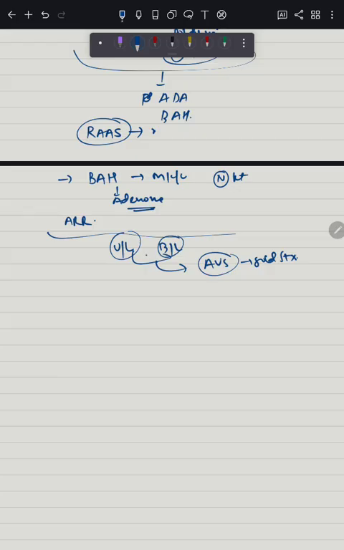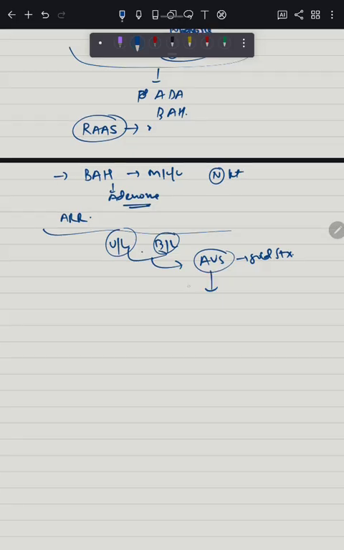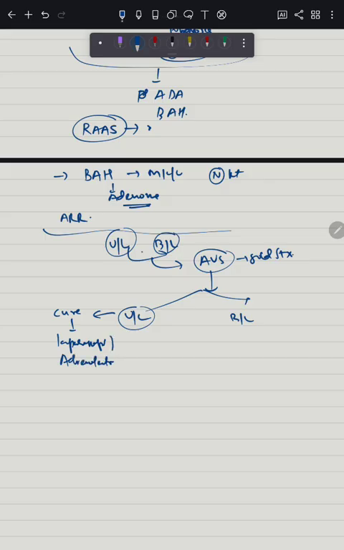The significance is that after adrenal venous sampling, you will confirm whether the disease is unilateral or bilateral, because if it is unilateral, then there is potential cure. You can perform laparoscopic adrenalectomy. Whereas in bilateral adrenal hyperplasia, medical management with mineralocorticoid receptor antagonists, for example spironolactone or eplerenone, can be given.